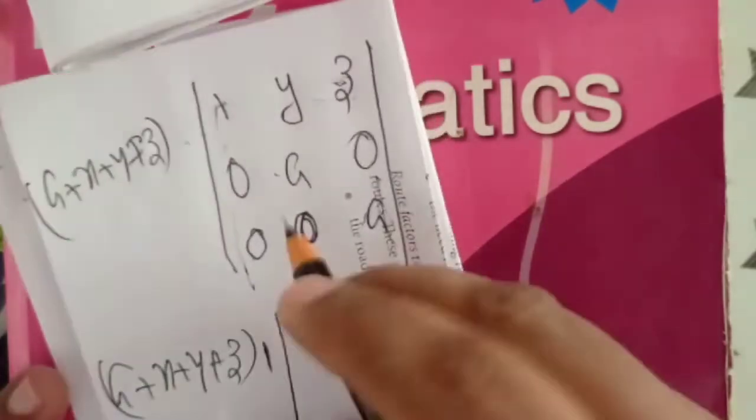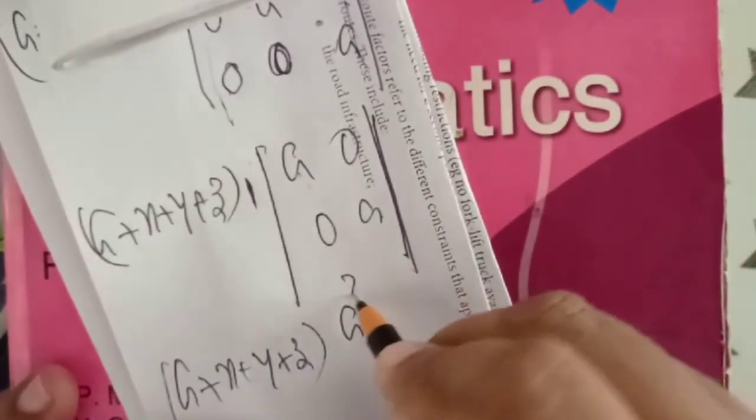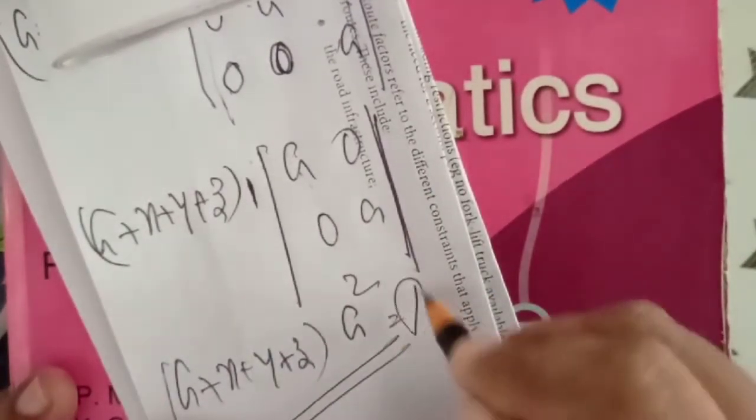When you delete that, you will get a, 0, 0, a. Therefore, a plus x plus y plus z into, how can you expand a determinant? a into a square minus 0. That means a square, that is the RHS. Okay. That is the RHS.